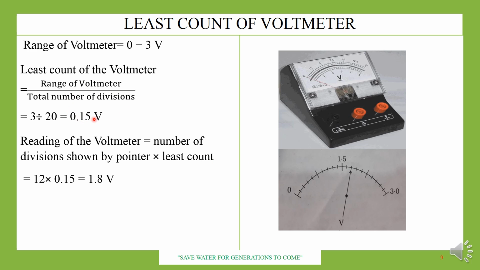The least count is 0.15. I'm not saying 15, because there is a point before 15. So 12 into 0.15 comes out to be 1.8 volt. The reading of this voltmeter is 1.8 volt. This way we can read a voltmeter.